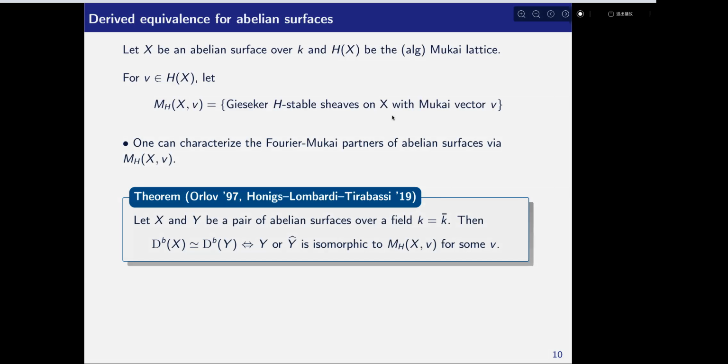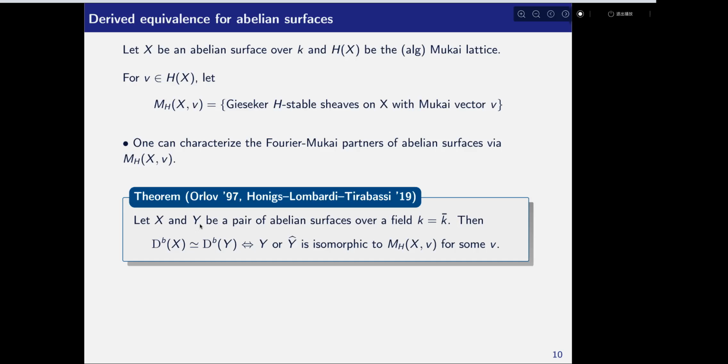So one can characterize the Fourier partners of abelian surfaces by these moduli spaces. Roughly speaking, this was realized by Orlov and recently by Honigs, Lombardi, and Tirabassi.